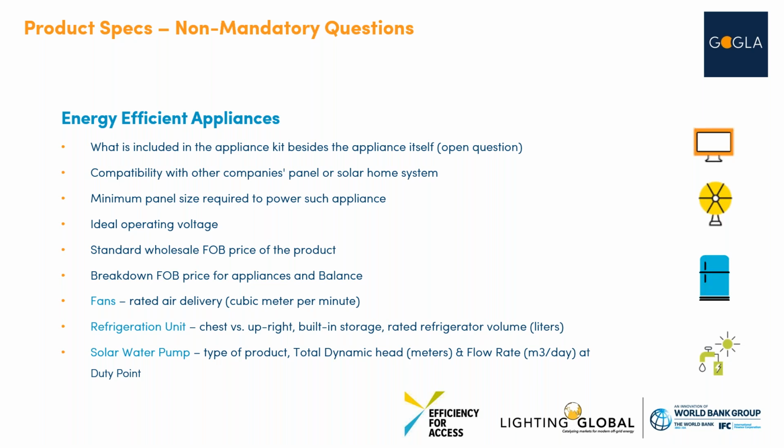Of course, when you change the type of appliance at the top of the product specification, the subsequent questions that are asked for that product differ. So I'm just going to do a quick example.